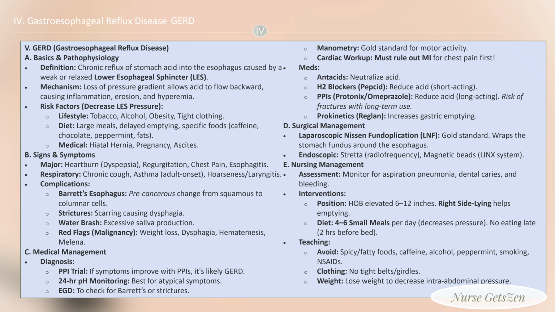Pathophysiological protection: the esophagus has natural defenses against reflux, including gravity, peristalsis, and bicarbonate-rich saliva. The epidemiology: high in Western countries at about 10 to 25%, low in Asian countries at about 5%.